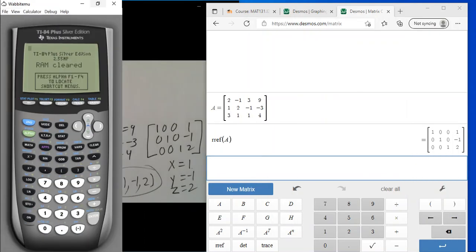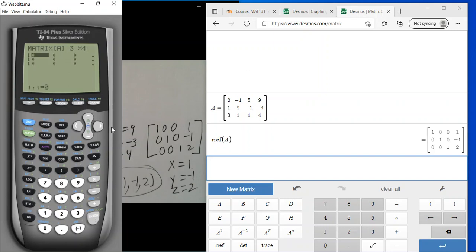Okay, so what you would need to do here is press second and then x to the negative 1, then go to the right to edit and press enter. Now you type in what type of matrix you have. This is 3 by 4, so you hit 3, enter, and then 4, enter.